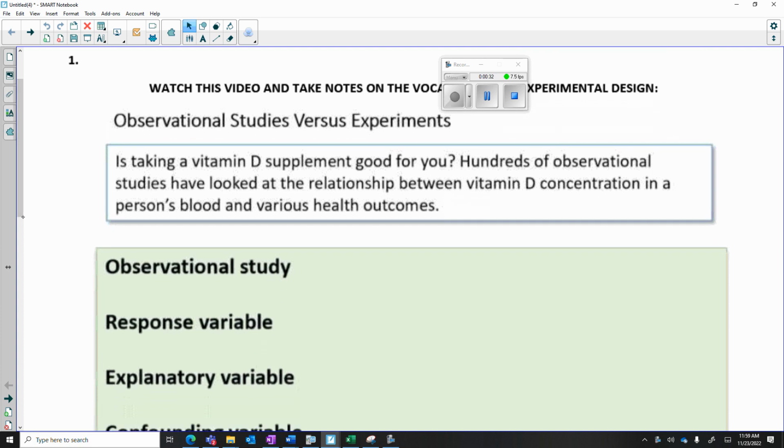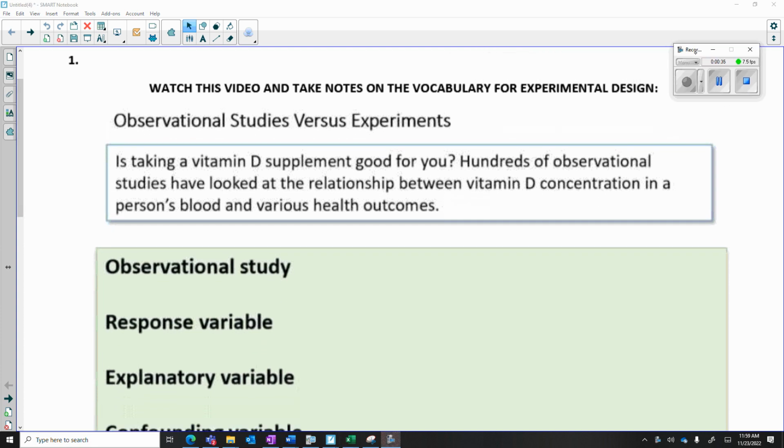So the first thing we need to talk about is the difference between an observational study and an experiment. This question says, is taking a vitamin D supplement good for you? Hundreds of observational studies have looked at the relationship between vitamin D concentration in a person's blood and various health outcomes. Notice the key words, observational study.